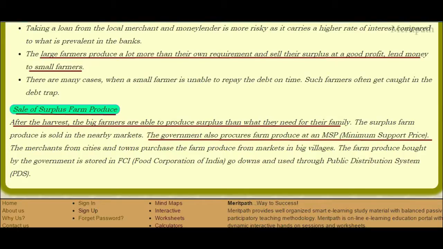The government procures the farm produce at a minimum support price. Merchants from the cities and towns purchase the farm produce from the markets of big villages. The farm produce bought by the government is stored in FCI godowns, Food Corporation of India godowns, and is used for the public distribution system.